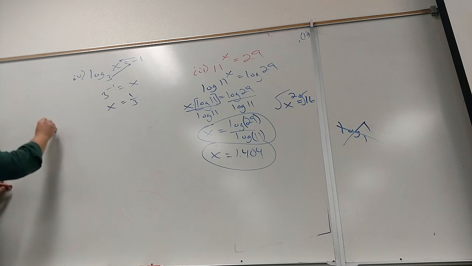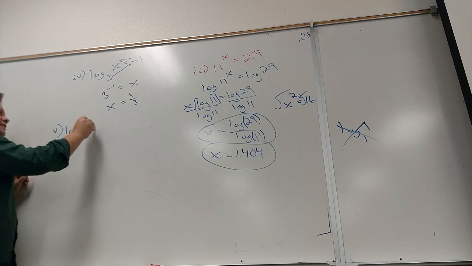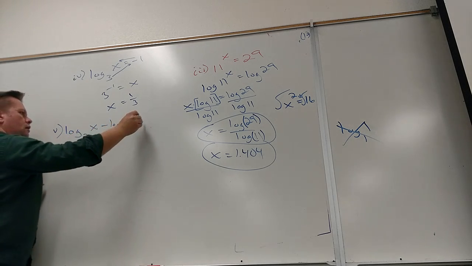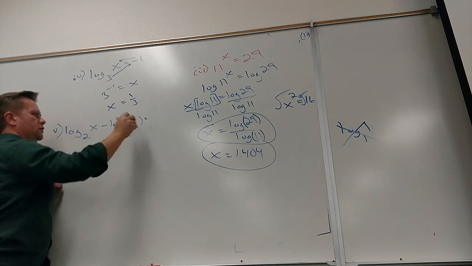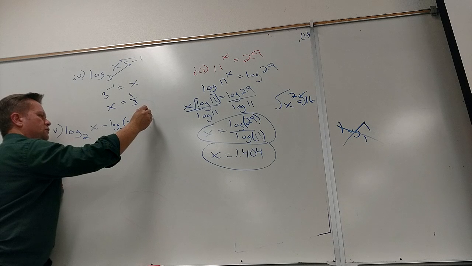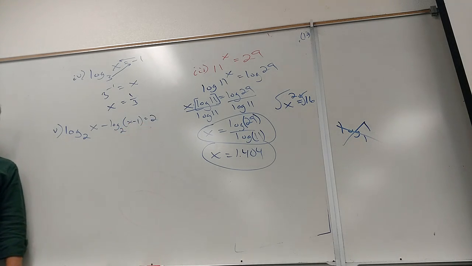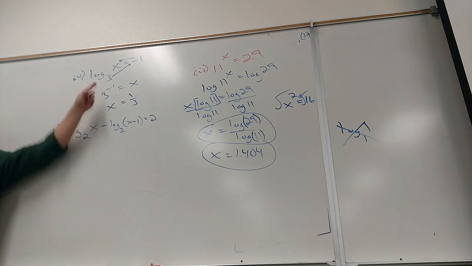Now what's wrong with this one? Let me make it like this. I think this should come out to a nice answer. What's different between this and this? What's the most obvious difference?